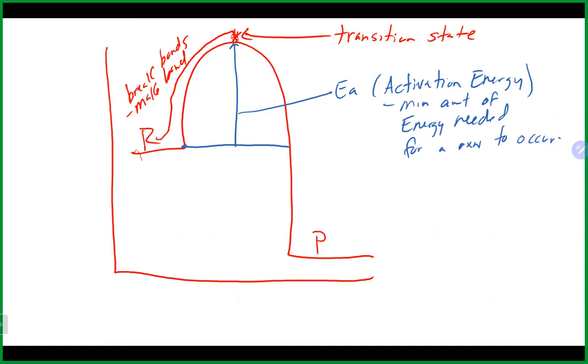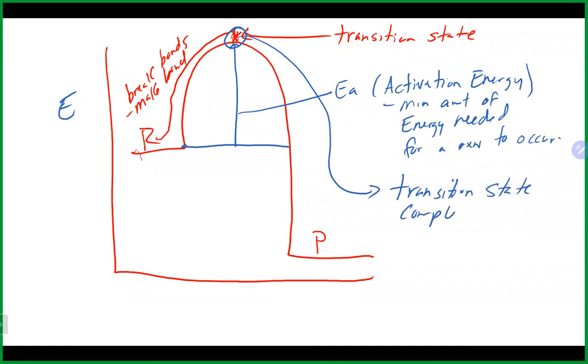When you get to the very, very top in terms of energy, so that's the highest point there in terms of energy, that complex is also sometimes referred to as the transition state complex, or sometimes people call it an activated complex.